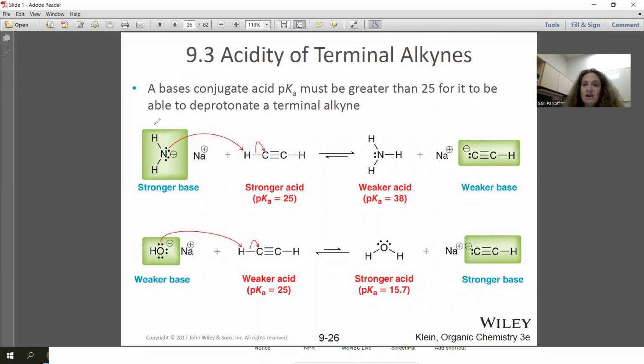However, if we're using NaNH2, where ammonia would be our acid and its conjugate base here, this is a much weaker acid at 38 that can pull off this proton. So a lot of times I also call the alkyne chapter the NaNH2 chapter, because we do a lot to deprotonate it. It's also used to form alkynes, and we'll get into that in a moment too.